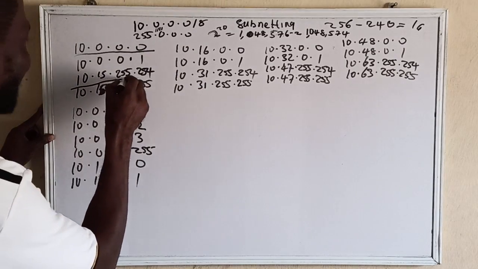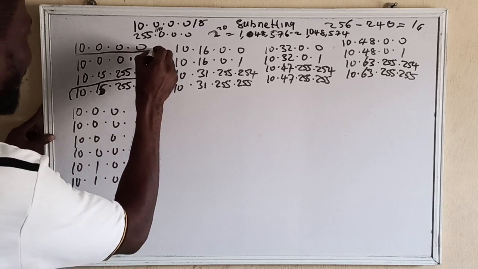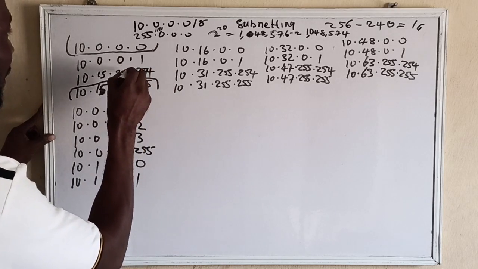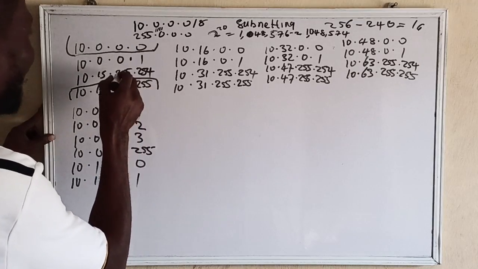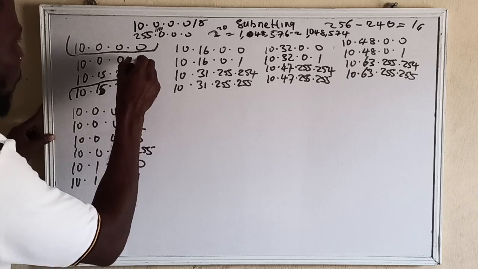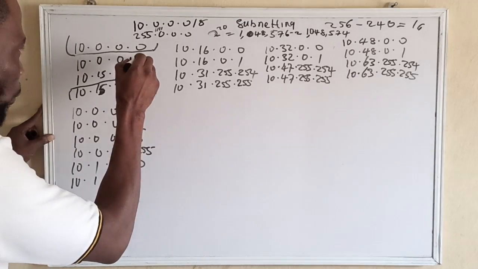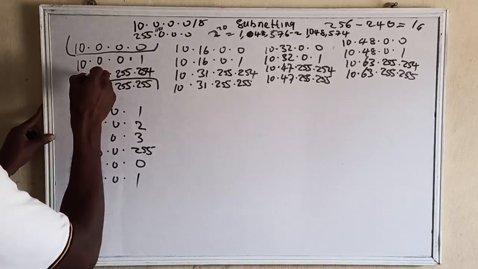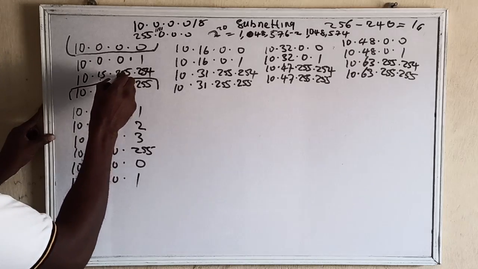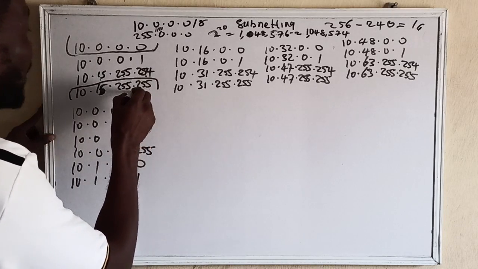This is the broadcast address here. These in between can be assigned. This is number one, and before this finishes running, this must have gotten to 255. Come here and change one before you get to 15, running 255. This is the last address, and this is the broadcast address.